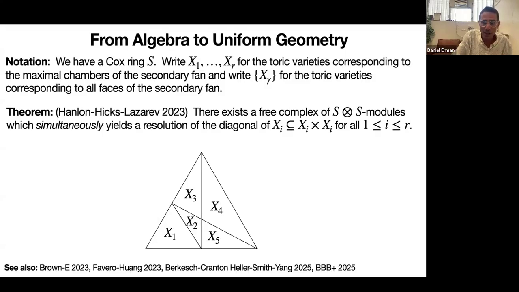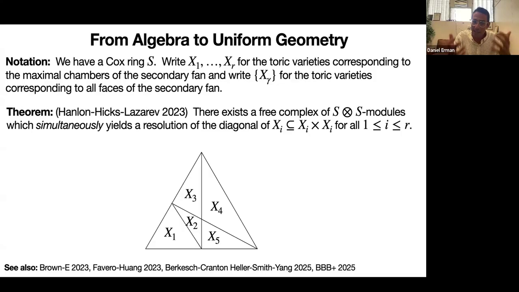So if you have a secondary fan like this with 5 different chambers, and they all have the same Cox ring S, you can find a resolution of the diagonal that's uniform for them all at once. And I think it's fair to say, those of us who have studied it, that this is the right resolution. It's not like there's a better one for X3 and a better one for X5.